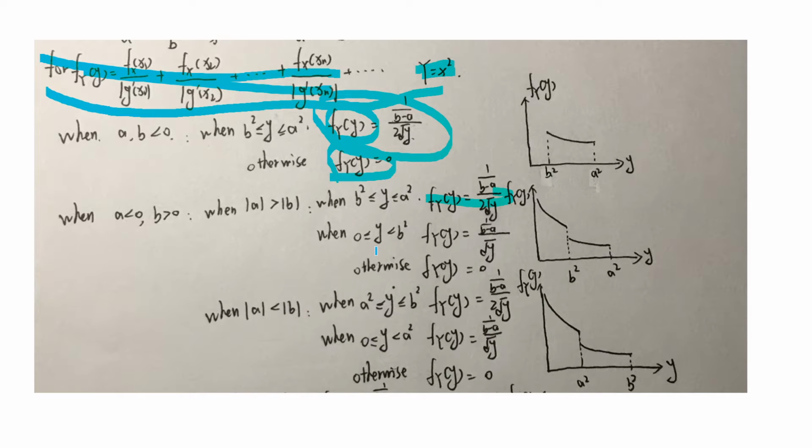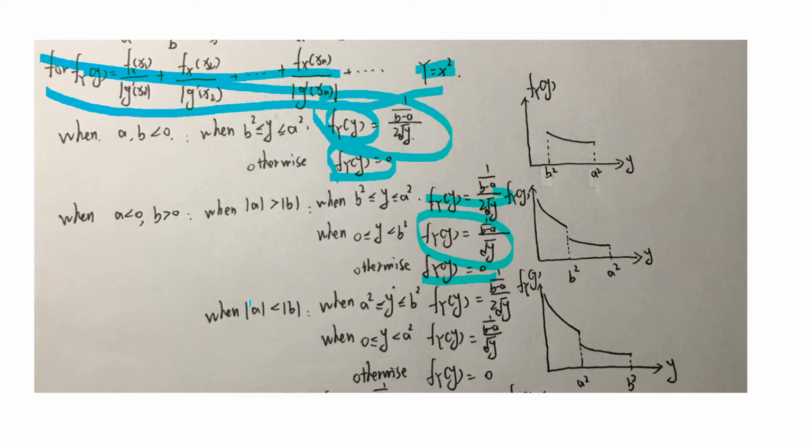So when y is in the range between 0 and the square of a, both of its roots, the negative square root of y and the positive square root of y, are located in the range between a to b, so we can find the probability density function of this part like this. Otherwise, there is no root in the range between a to b, so f_Y(y) equals 0.